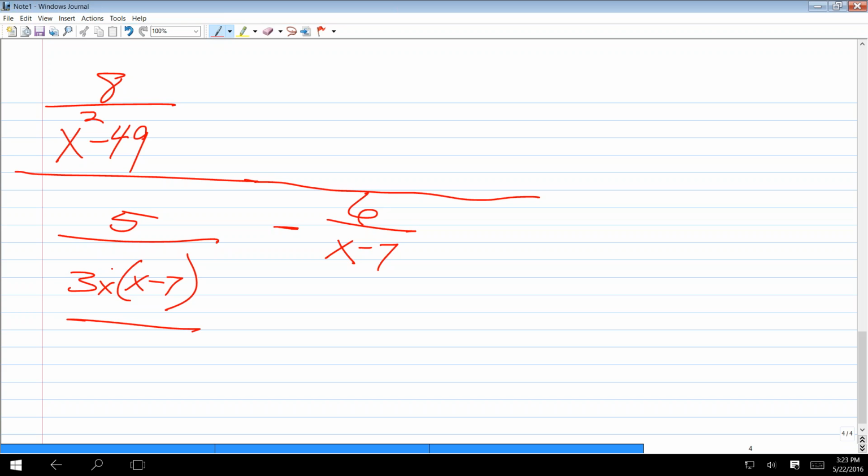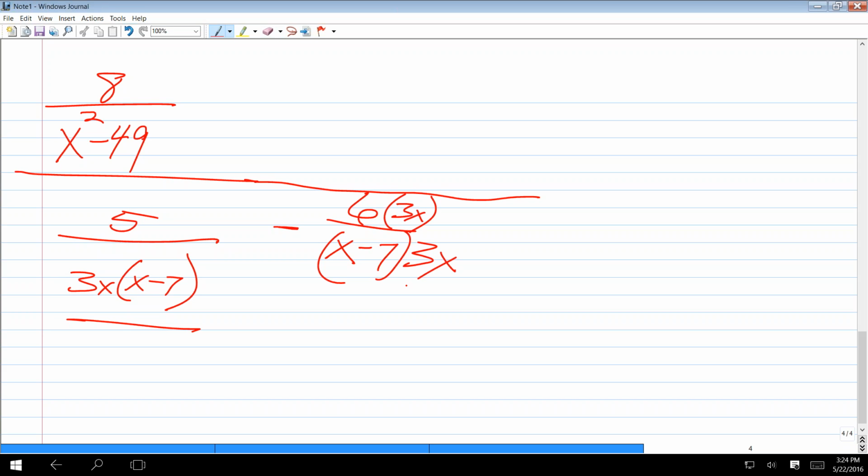We don't have to multiply that whole thing by that whole thing to get a common denominator, because this divides evenly into that. So you're right, all I have to do is get this common denominator set up properly, and I'm going to do that by putting 3x over there and 3x down here.